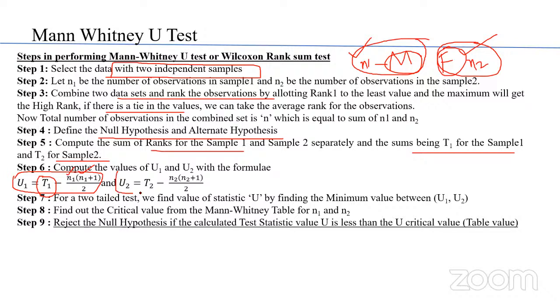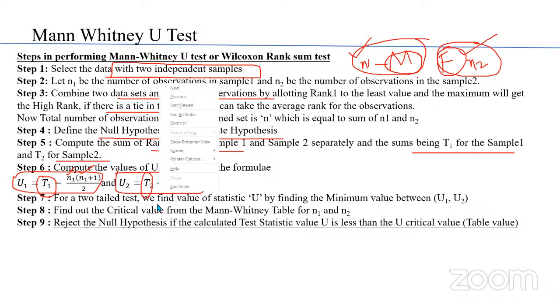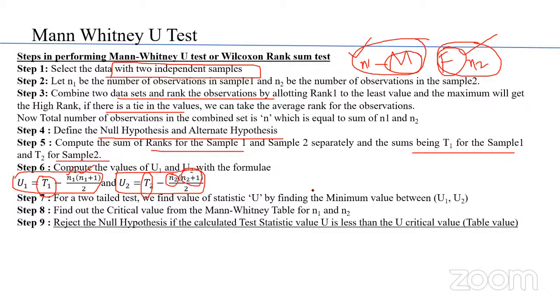And U2 is completely for sample 2. So U2 is the sum of ranks of the second sample minus N2, the sample size of the second sample, into N2 plus 1, divided by 2. Once we get the U1, U2 values, you have to find the minimum between these two values.